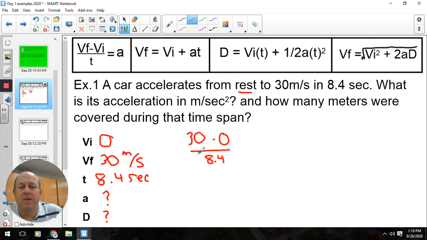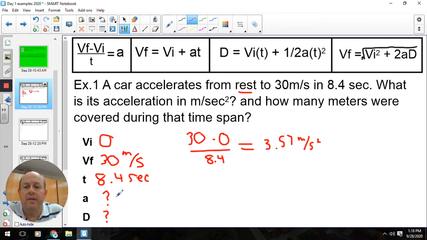And so we just have to be consistent with our units. So 30 was meters per second, 8.4 was seconds, and so that way we will have meters per second squared, which would give us acceleration. And so in this particular example, we get 3.57 meters per second squared. And acceleration will always have the unit distance per time squared.